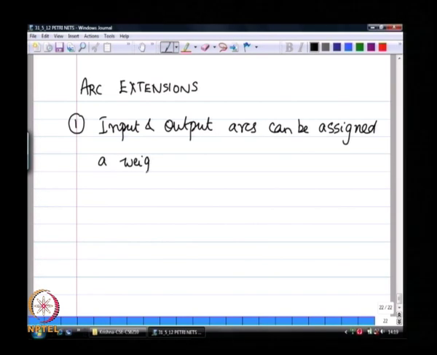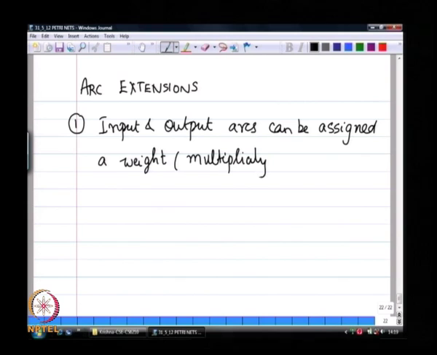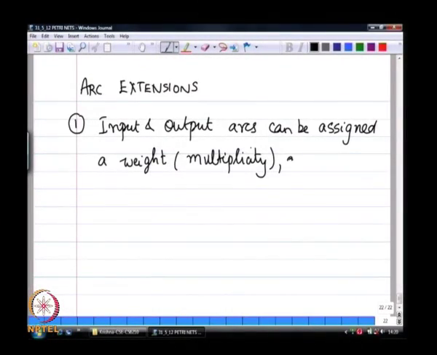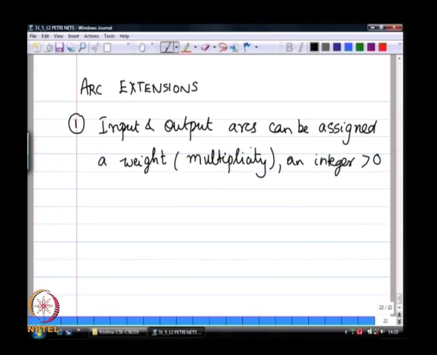We are used to link weights, so we will call this the weight, but technically they also call this multiplicity. If you have done UML, you probably remember that. In UML also, if you are creating an object composed of other objects, you can specify the multiplicity on those arcs. If you go back and look at UML diagrams, that's what this is. Weight can be specified, which is an integer, a non-negative integer, which is to be greater than 0, okay.